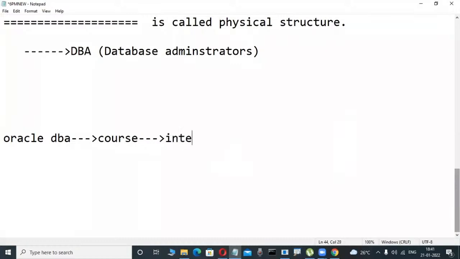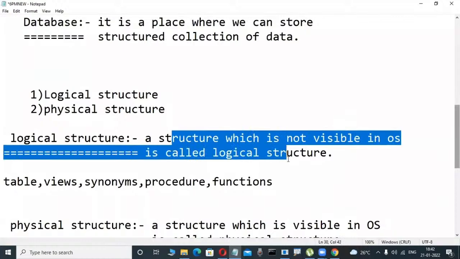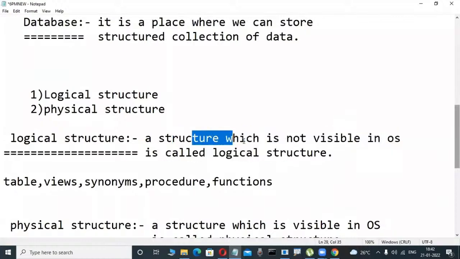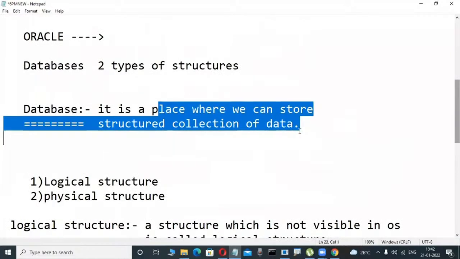Roughly, my interviewer asks, Murali, what is a database? Whenever they ask what is a database, I say the bookish answer: it is a structured collection of interrelated data, it is a place that stores a structured collection of data.